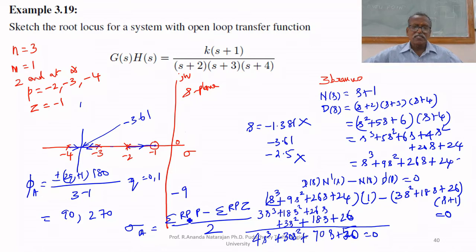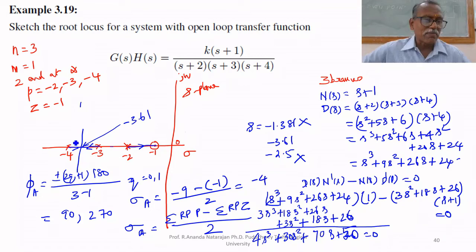Sum of real parts of poles equal to minus 9. Sigma A equal to minus 9 minus of minus 1, divided by 2, that is equal to minus 4. So the asymptote is at minus 4.